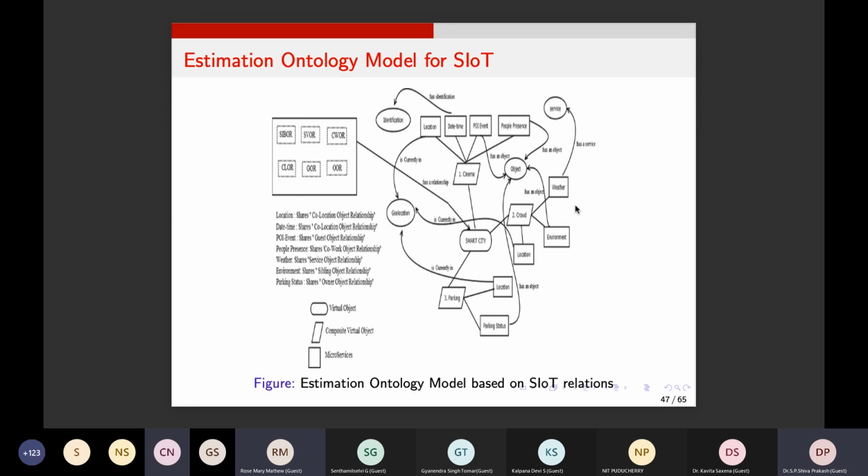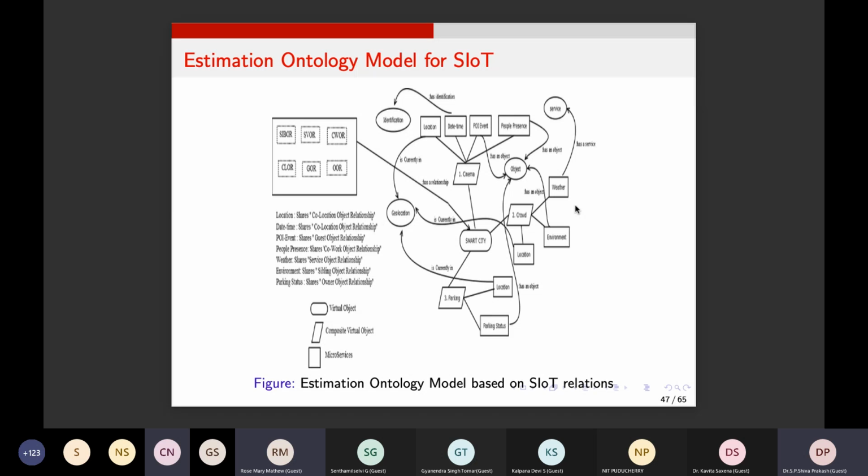If you try to build an estimation ontology, it is similar to the physical domain ontology, but this comes more under the middleware, where we find how to estimate this data, how to discover this data, and which model to use.